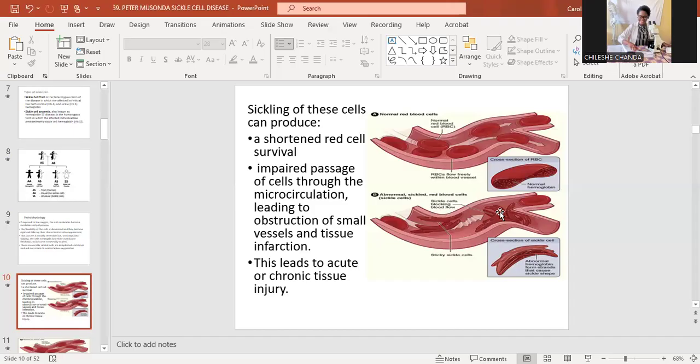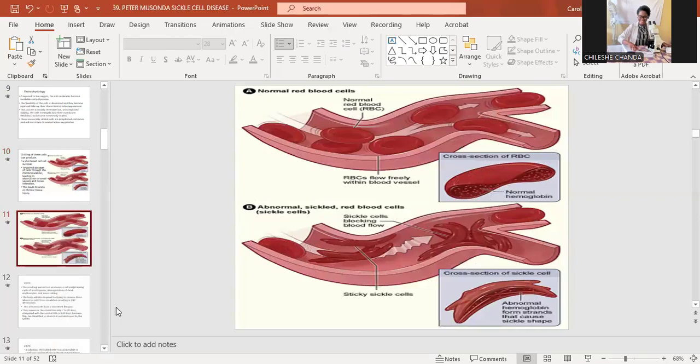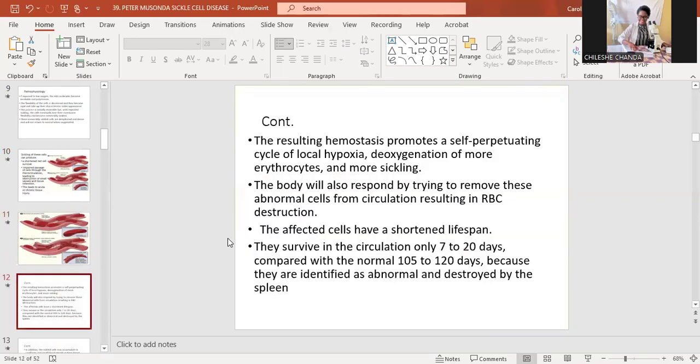And so once there is occlusion of these blood vessels, there isn't going to be blood going to the peripheral organs. Whatever organ is supposed to be supplied by this blood vessel will be blocked of its blood supply, and so that organ is going to be in hypoxia.